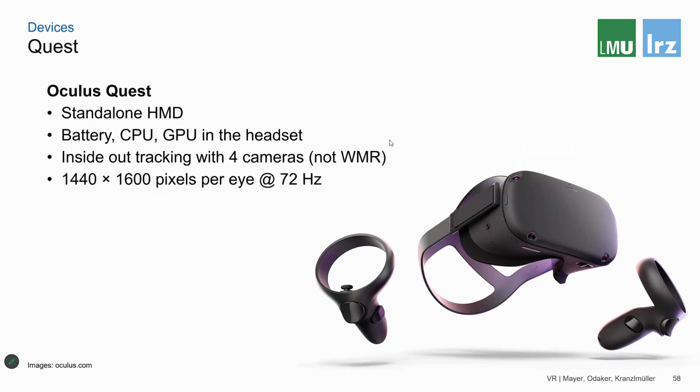So speaking of the Quest, the first Quest was, like all Quests, a standalone head-mounted display, and it was marketed to be a cheap VR device that does not need a PC. And if you think about it, that's quite a big advantage, because a PC to drive VR content is not cheap.